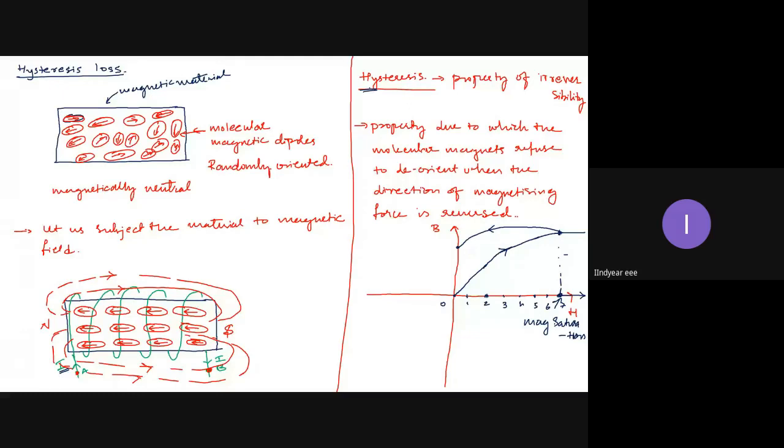So as a result, what will happen? Even though I am demagnetizing the material, some amount of magnetization is still present. Even when I made the magnetizing force 0, some magnetization is still present. What is this called?